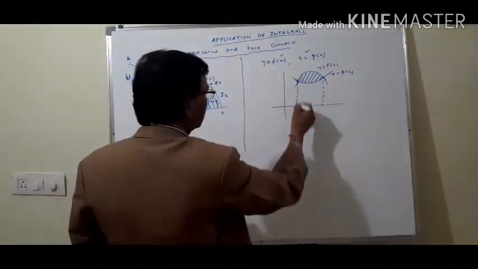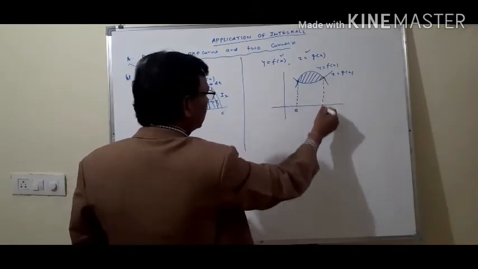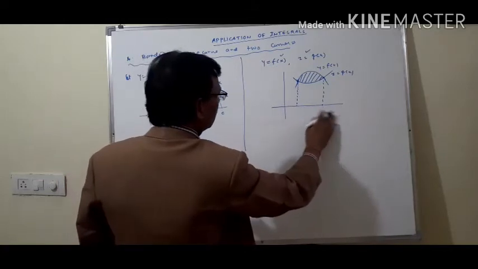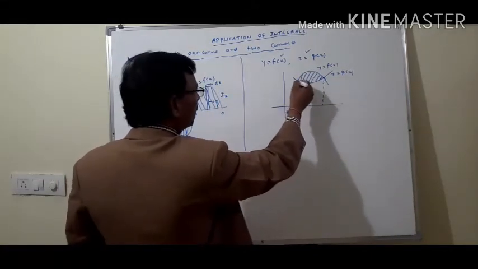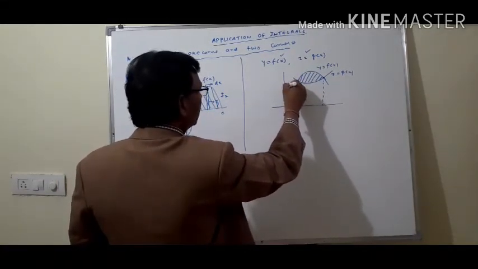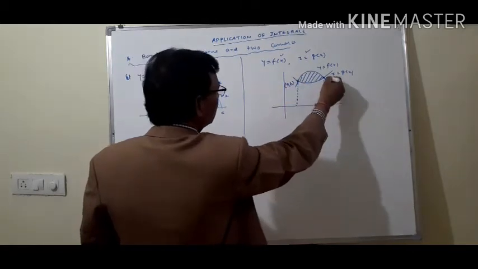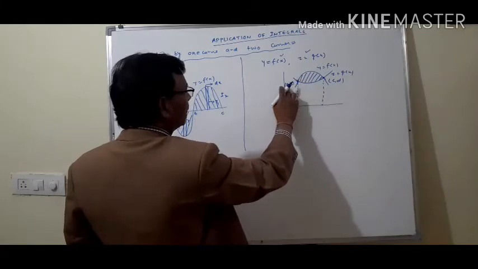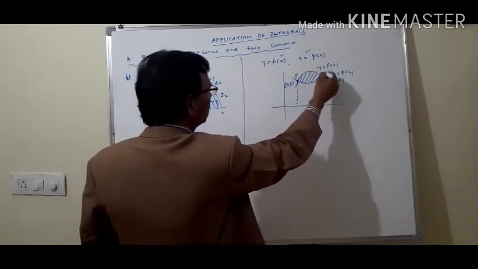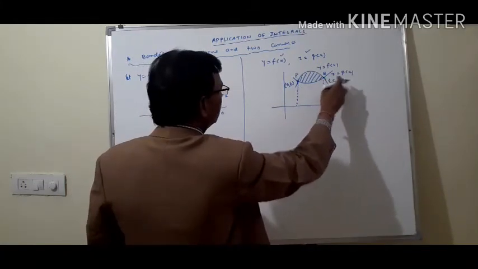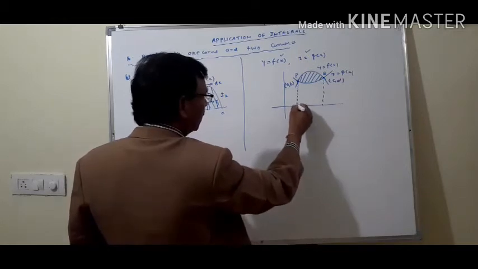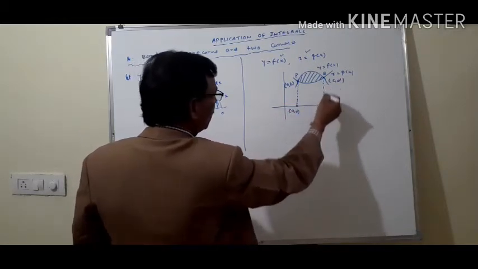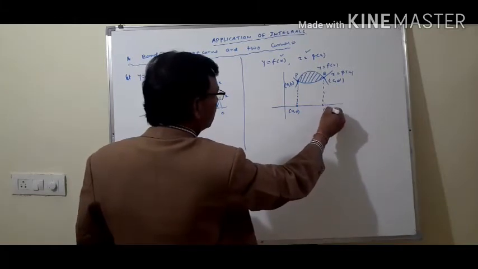Suppose here x is a and here x is b. In coordinate form, this point is P and this is Q. So the coordinate of this point will be a comma 0 and the coordinate of this point will be c comma 0.